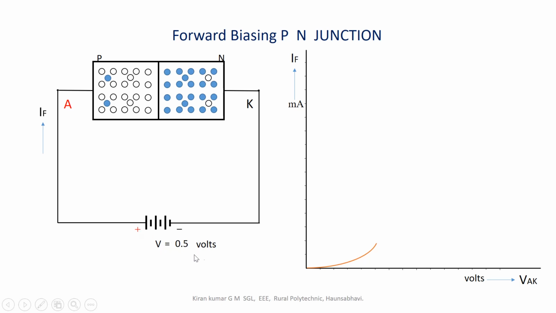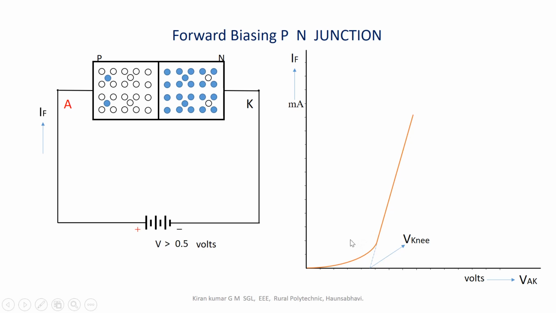If the voltage externally applied by the battery is still increased above this 0.5 volts, a greater number of free electrons will be passing through this junction diode, making the forward current through this anode and cathode of the diode increase linearly as shown in the graph here.